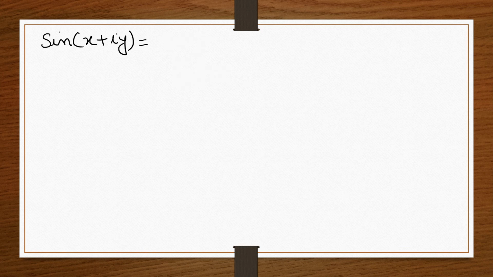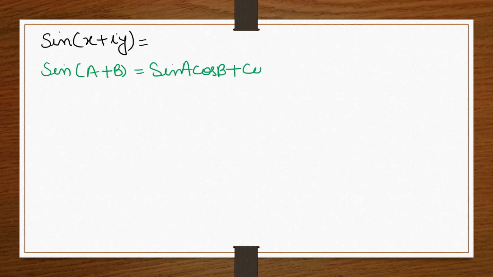So see, we already know the formula of sin(a plus b), and that formula is sin a cos b plus cos a sin b, right? Now we'll apply this formula, and here a is x and iota y is your b.